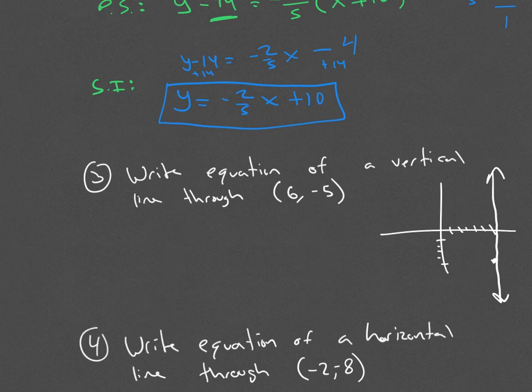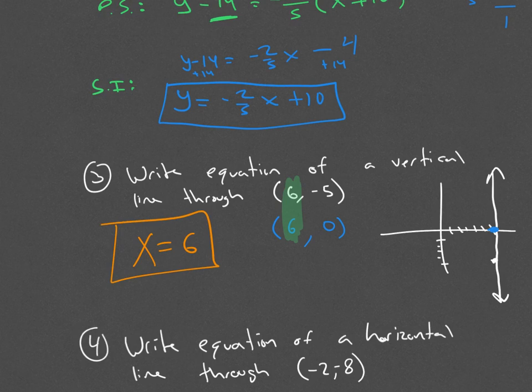I'm a big fan of having a second point, and that helps me remember what this equation should look like. So I like to write down another point that this vertical line goes through, and an easy one is the x-intercept, (6, 0). The reason I like this is because it shows you, look, both of the x's are 6. That's your equation, x equals 6.